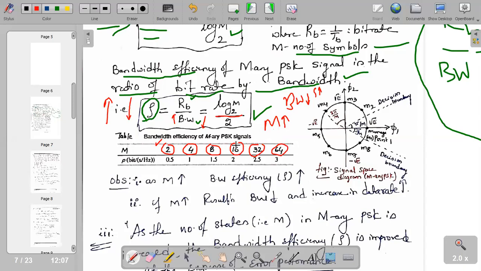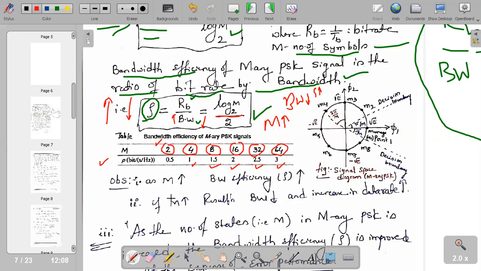For this calculation, the bandwidth efficiency rho is equal to 0.5, 1, 1.5, 2, 2.5, and 3. So what is the inference from this?